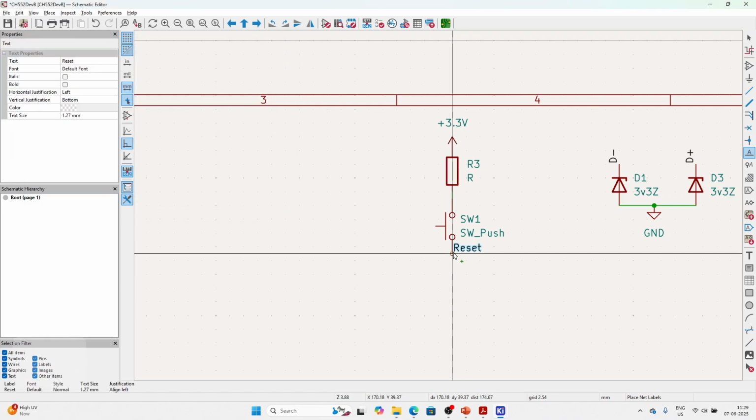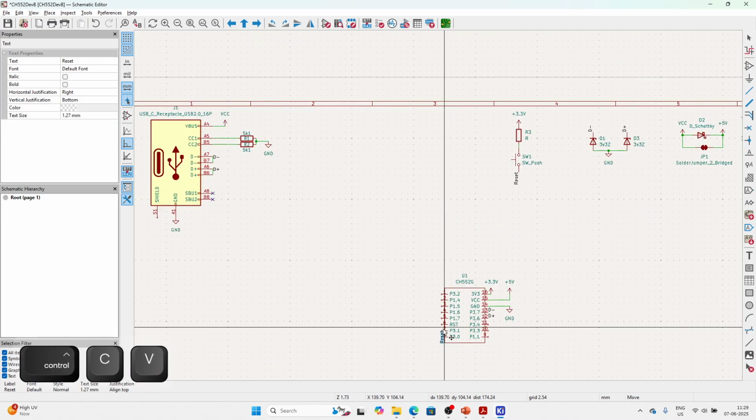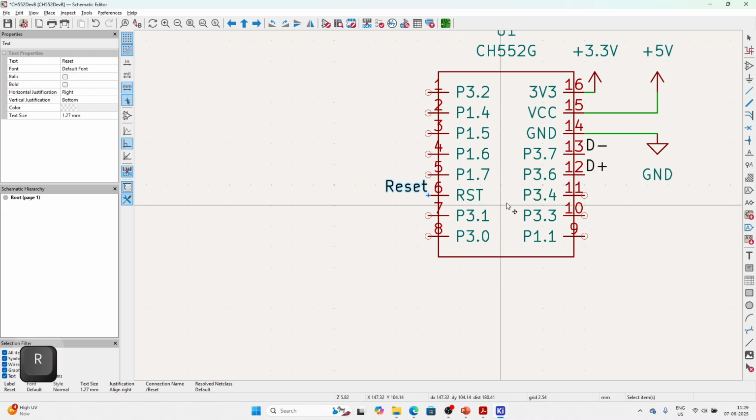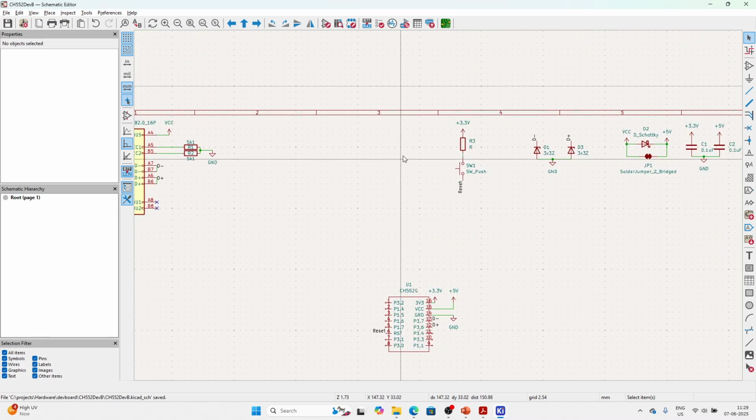I'm placing that reset here. Again, this reset needs to be connected to the RST pin here, so that we have RST connected. This takes care of the reset control.